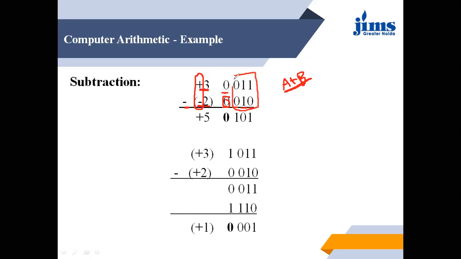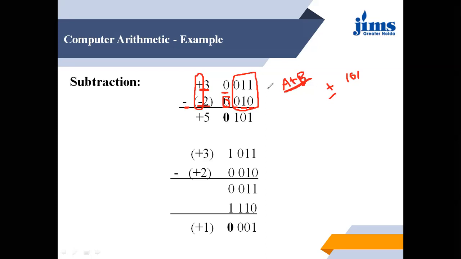So the result should be: 1 plus 0 is 1, 1 plus 1 is 0 with a carry of 1, and then 1 plus 0 is 1, and with a sign plus, as it is told over there that the sign of the result will be the sign of A. This was from that concept.